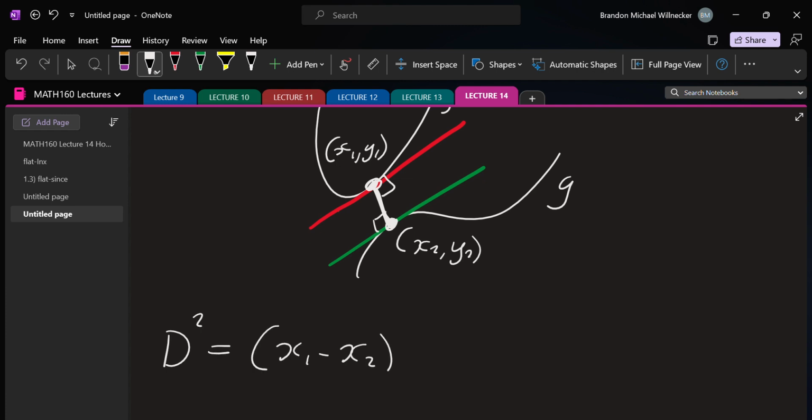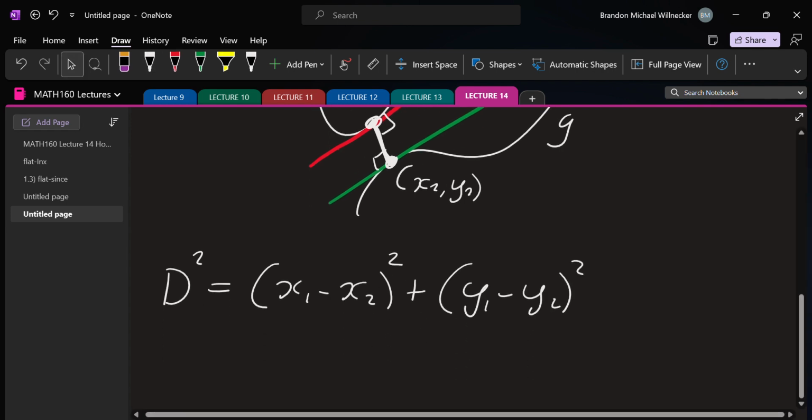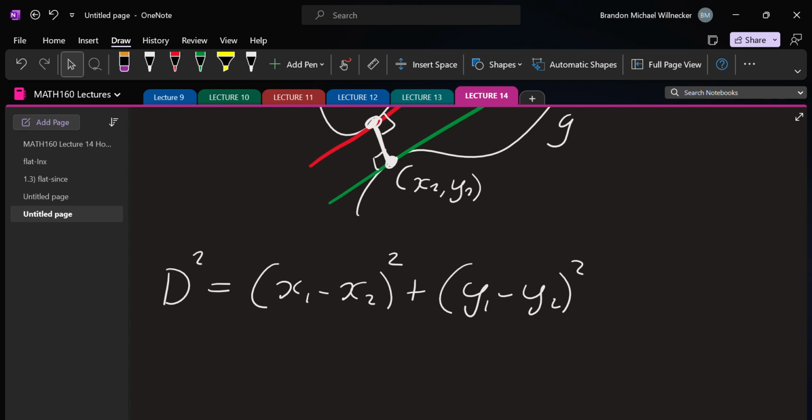So the distance, or the distance squared, is going to be x1 minus x2 squared plus y1 minus y2 squared. Let's make a little bit of substitution there. Y1 is on the graph f, so it's f of x1.